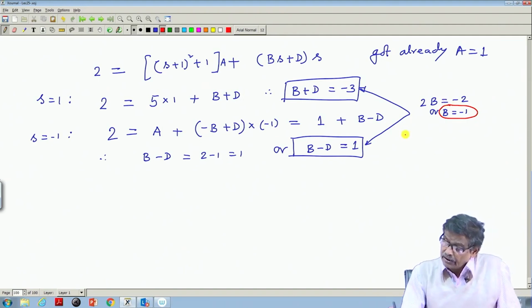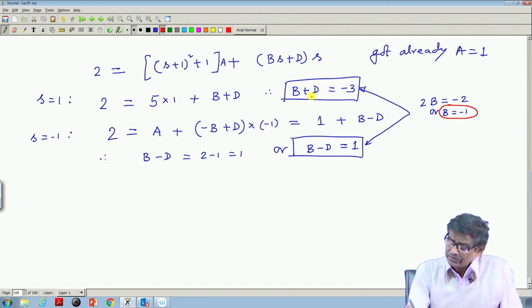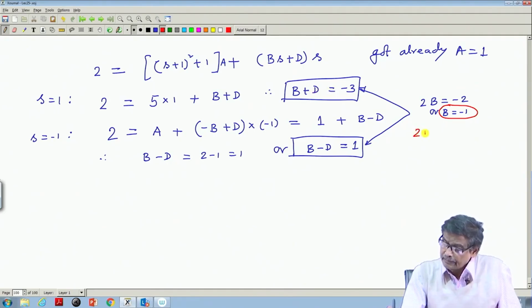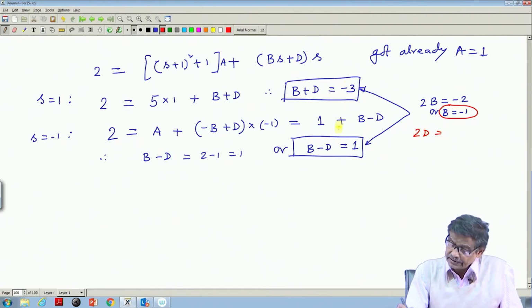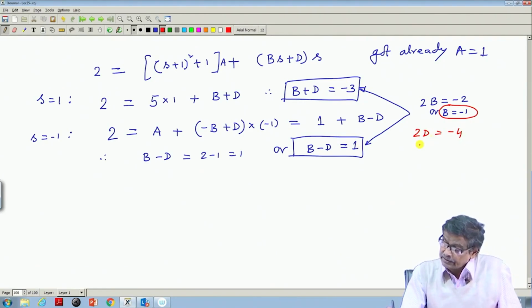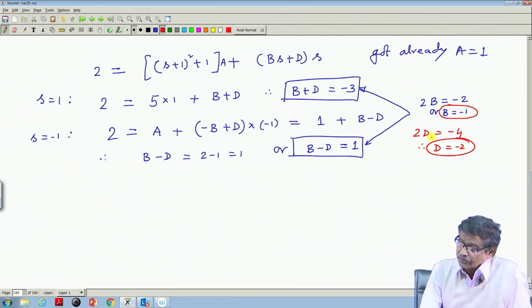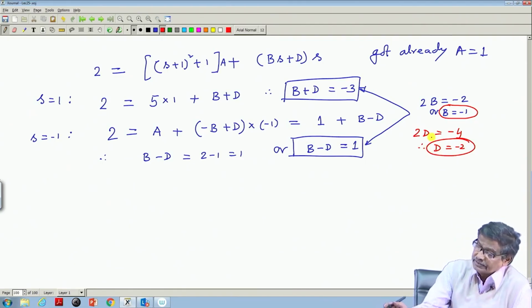Subtract these two, or once you got B, anyway subtract these two, you will get 2D, this minus this, 2D is equal to minus 4, minus 3 minus 1. Therefore, D is equal to minus 2. Hopefully, it is correct. Let us see. So all constants I have got now.